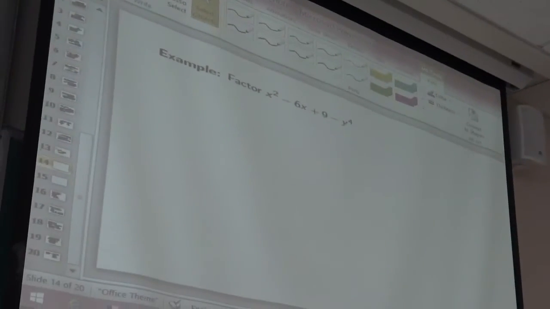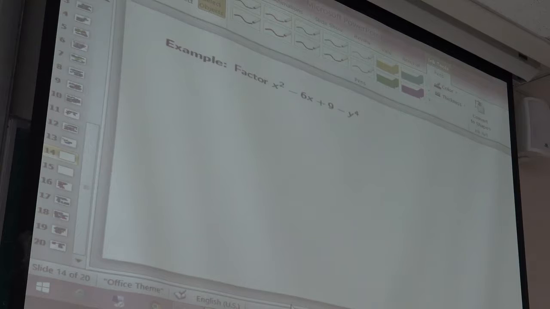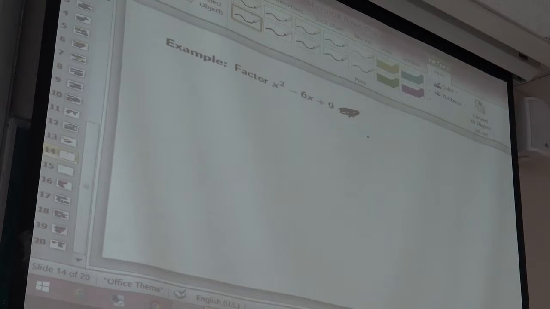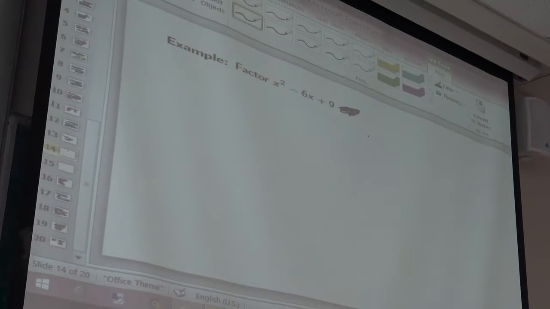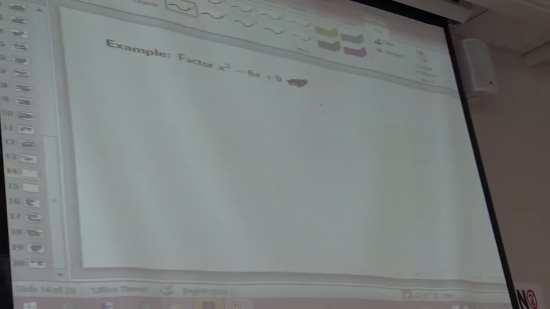Now let's do the following example. x squared minus 6x plus 9 minus y to the 4. Just imagine that we do not have this last term first. So basically we only have three terms, x squared minus 6x plus 9. Can you do the factorization?